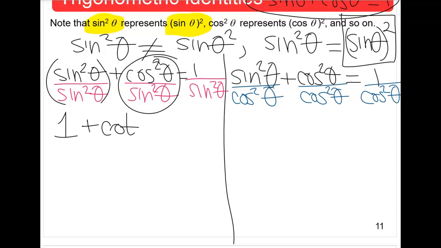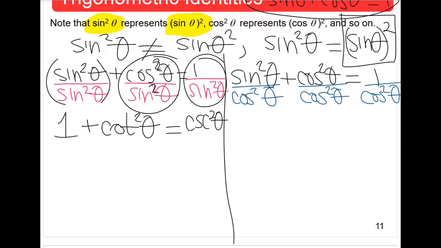But since we're having cosine square and sine square, we're going to say cotangent square. Now, if we look at the reciprocal identities from the previous slide, we know that 1 over sine theta is equal to cosecant theta. But since we have sine square, we're going to say cosecant square theta.